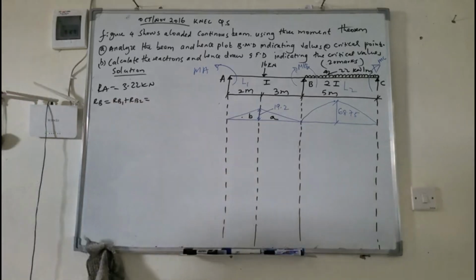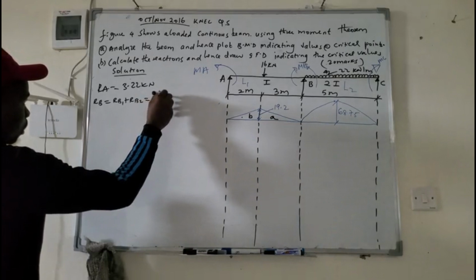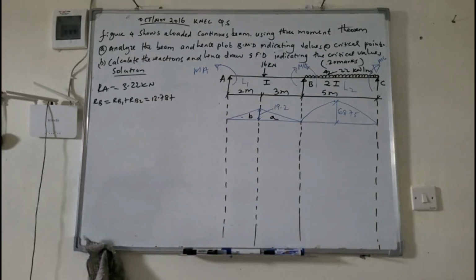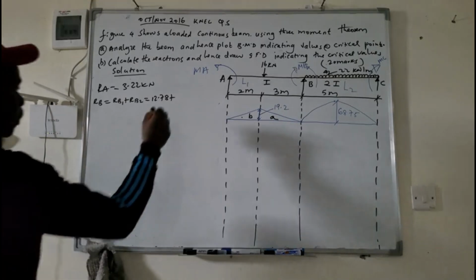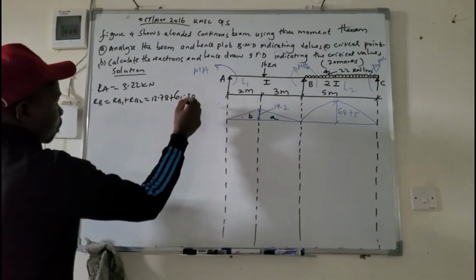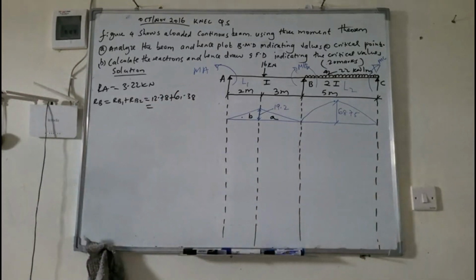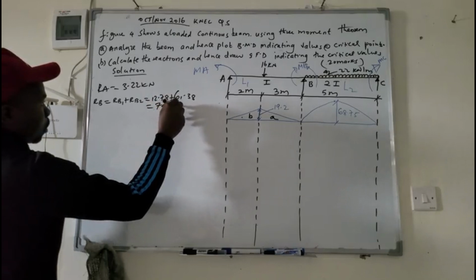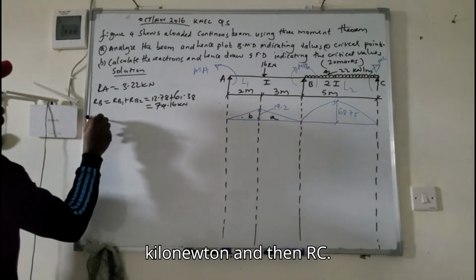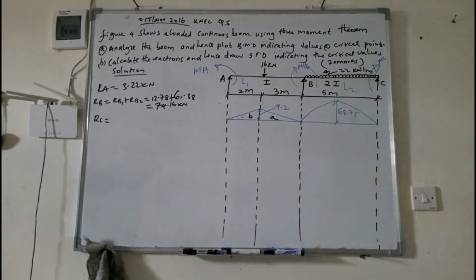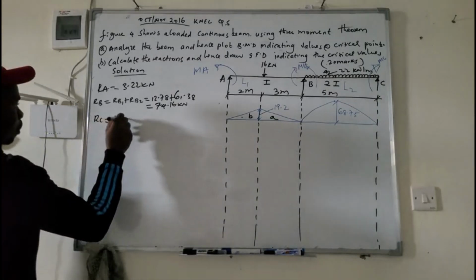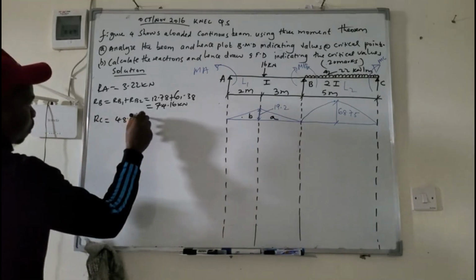So this one will be 12.78 plus 61.38. So this one should give you 74.16 kilonewton. And then RC is equal to 48.62 kilonewton.